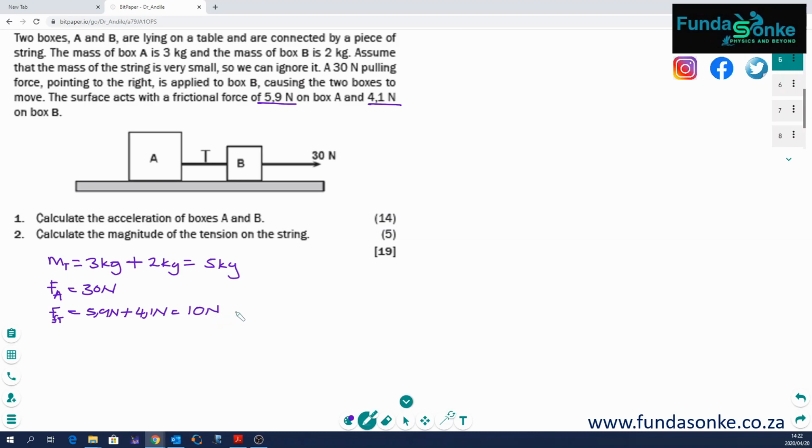Okay, and this is acting to the left. So if you consider the right side to be positive, our frictional force acting in the opposite direction will be negative.